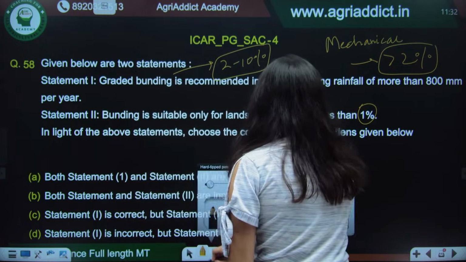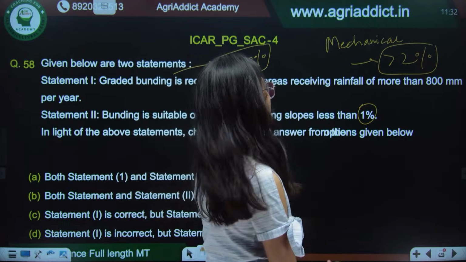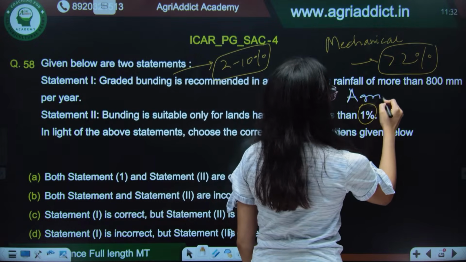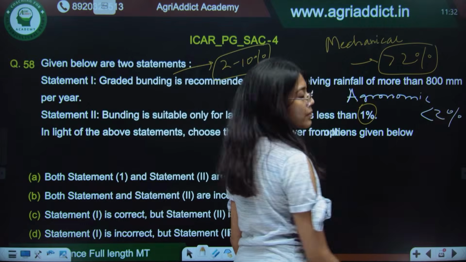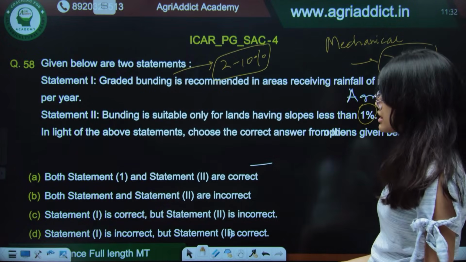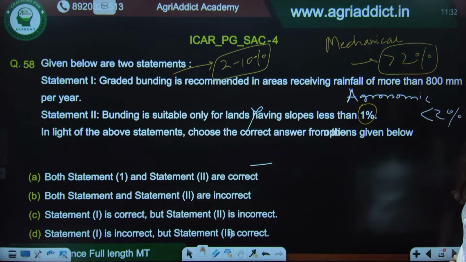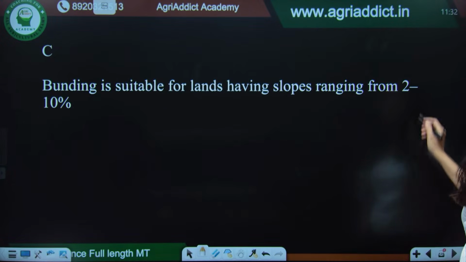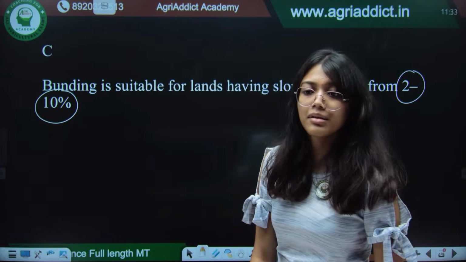But for agronomic measures, we can have slopes less than 2%, whereas whenever we apply a mechanical measure, the slope has to be greater than 2%. So statement 2 is not correct.